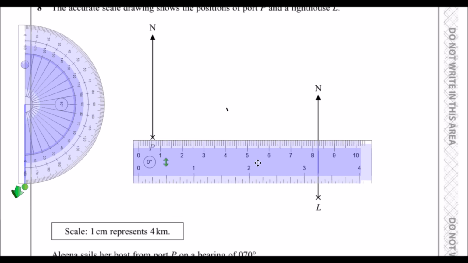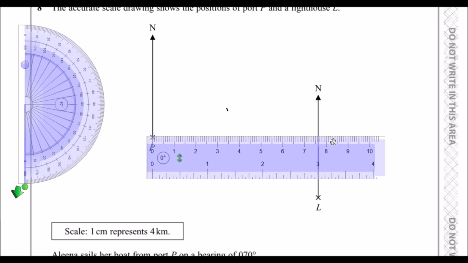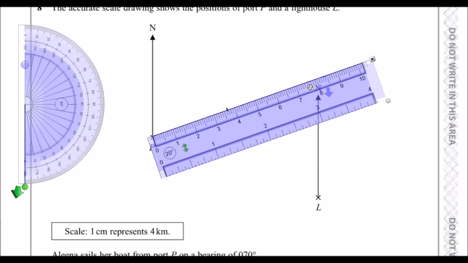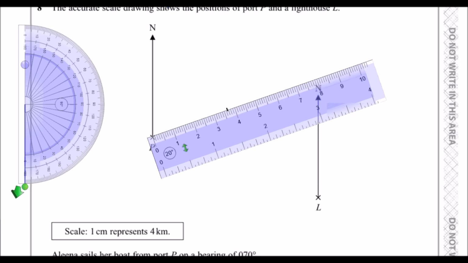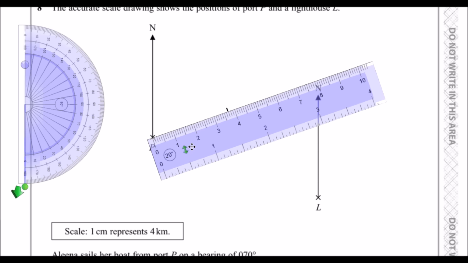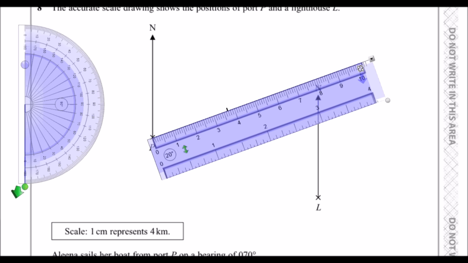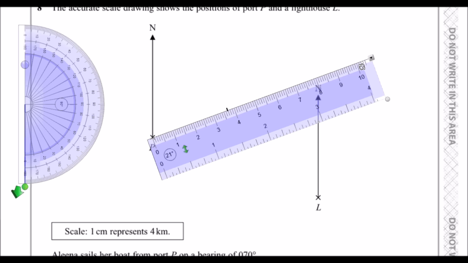And then in that direction, we want 4.5 centimeters. So 4.5 centimeters in this direction will take us to there.